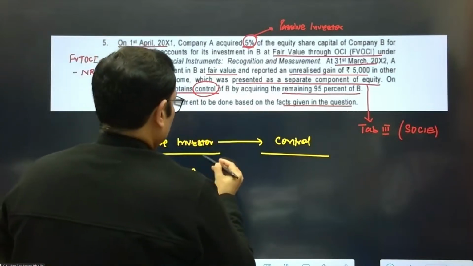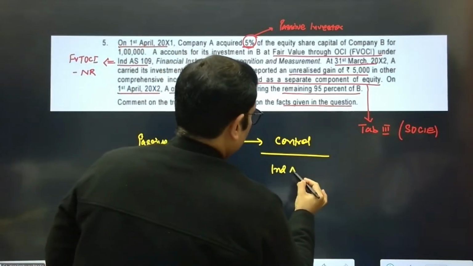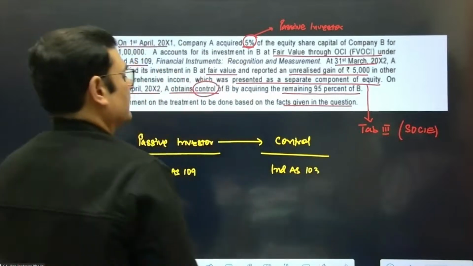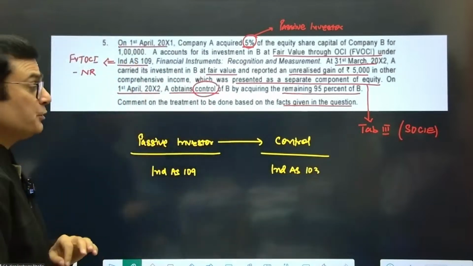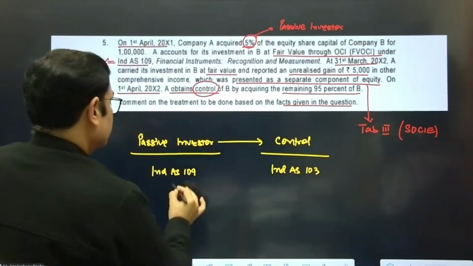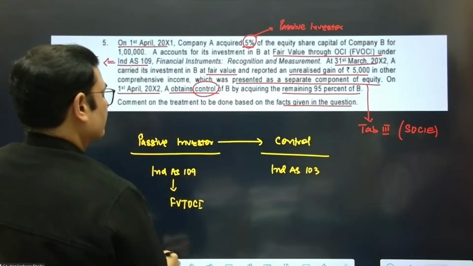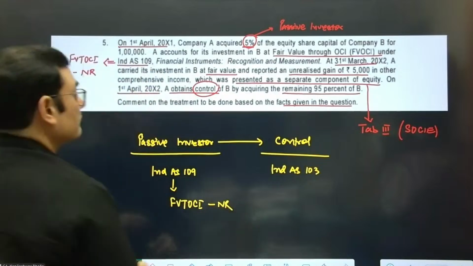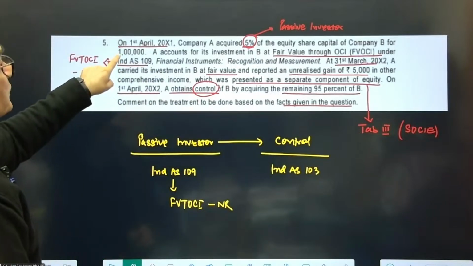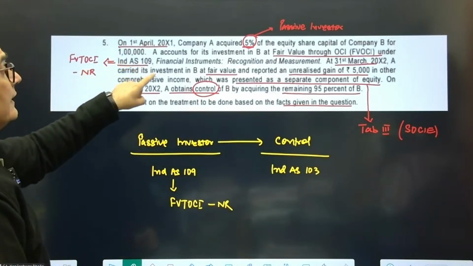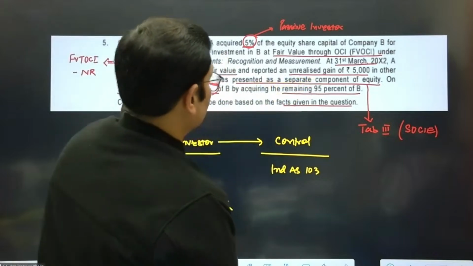And we are now going to switch over to the concept of Ind AS 103 and of course Ind AS 110 as well because of the consolidation. So in this particular case, this investment was accounted at FVTOCI, that is no recycling. So the value at which the investment was acquired was 1 lakh and there is an unrealized gain of 5,000 in OCI.